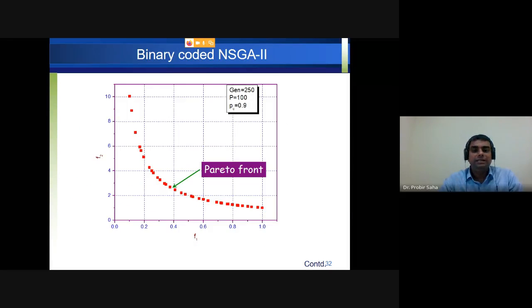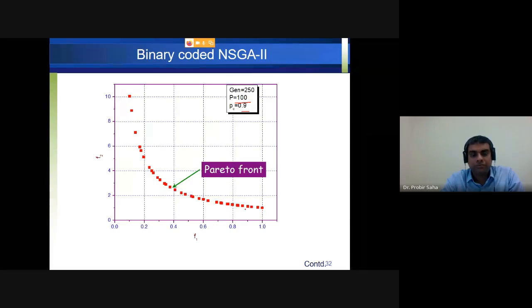Now finally, interestingly, you see a Pareto front is obtained. Very nicely, this is our solution, obtained using the code which I have written in only C, not even C++. After generation 250, with a population of 100 and mutation probability 0.9, finally I have got a Pareto front.